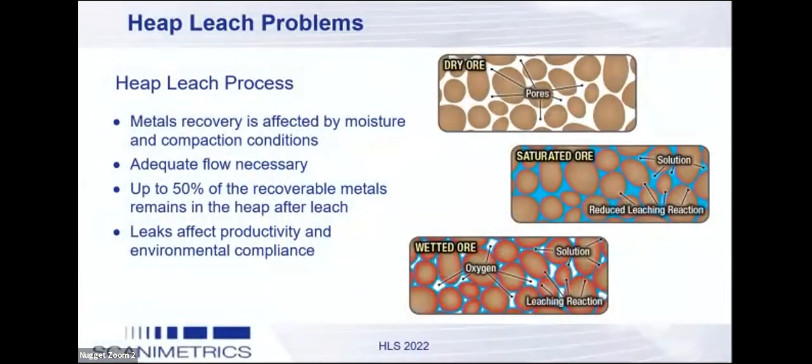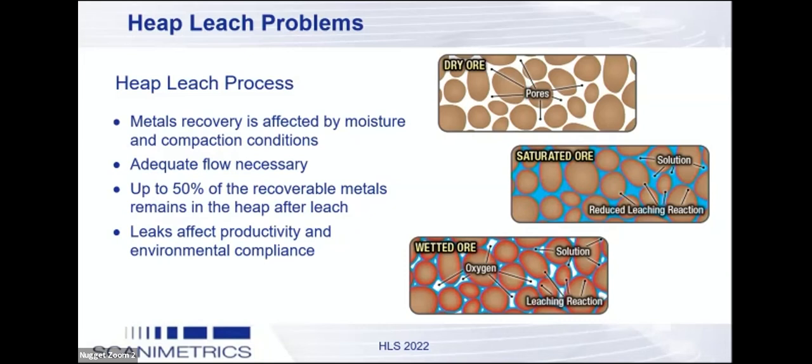We're here to talk a bit about using sensors to visualize the inner workings of a leach pad. As we are somewhat aware, some of the major problems with leaching ore are your moisture levels that affect the flow.